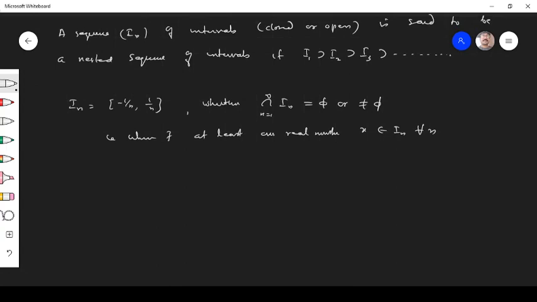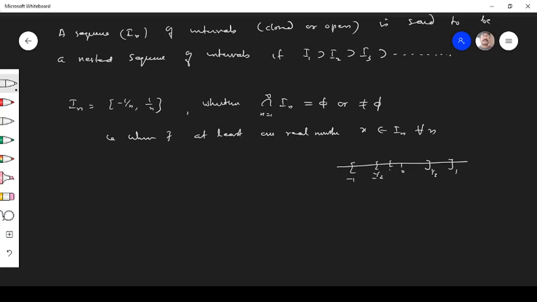Let us verify with this I_n equal to [-1/n, 1/n]. See here, this is [-1, 1], first interval I1, and this is [-1/2, 1/2], second interval I2.